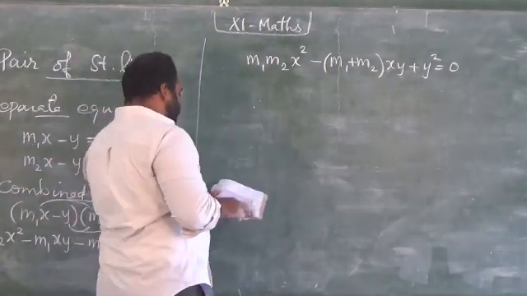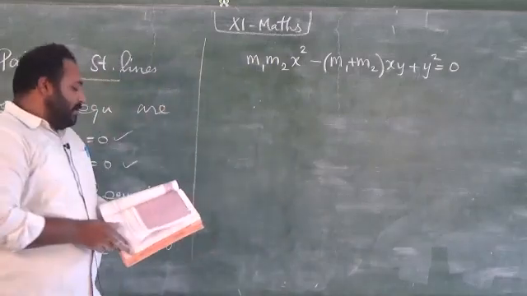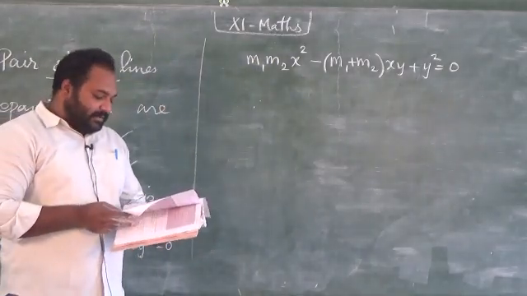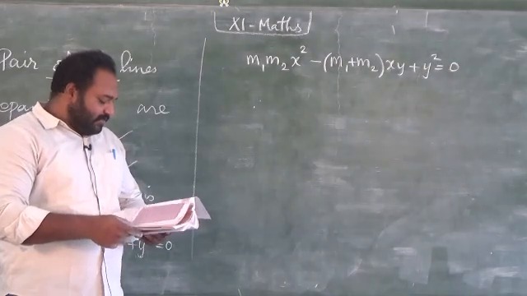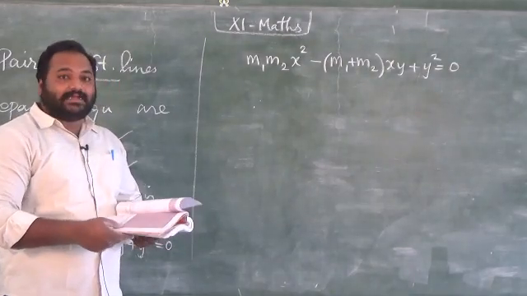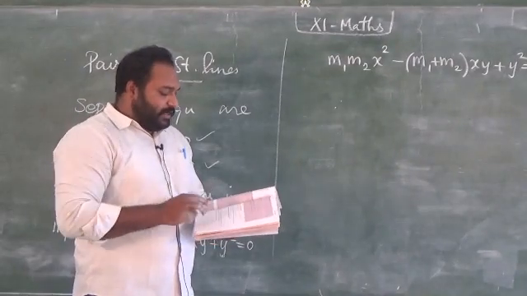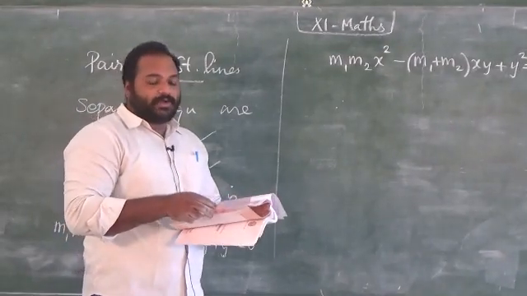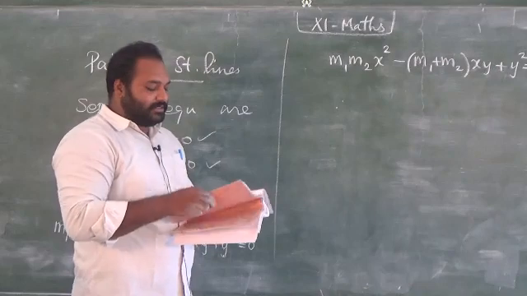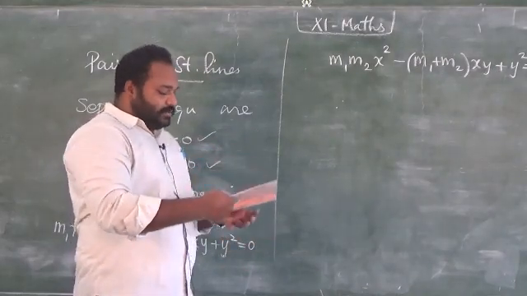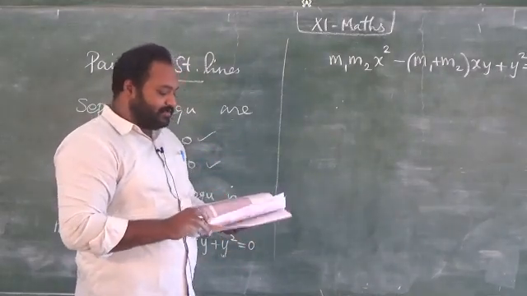Here we have the general formulas, the angle between a pair of straight lines, the conditions for parallel lines and the conditions for perpendicular lines. All the formulas I am going to give you now, just note them down. It will help you to learn the problems easily.